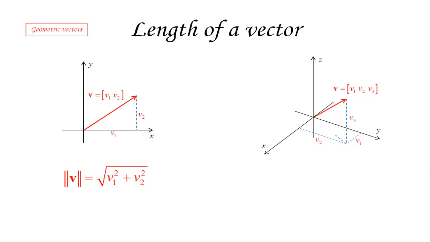Now, if I draw the diagonal of that rectangle that I just formed on the xy plane, it should be very easy for you to use that diagonal to prove that the length of this vector v in 3 dimensions is given by a formula very similar to the one in 2 dimensions. It's the square root of v1 squared plus v2 squared plus v3 squared. This is sort of a generalized Pythagorean theorem.